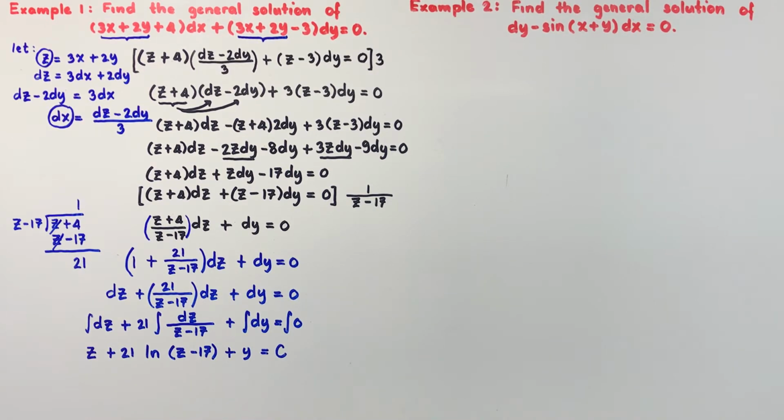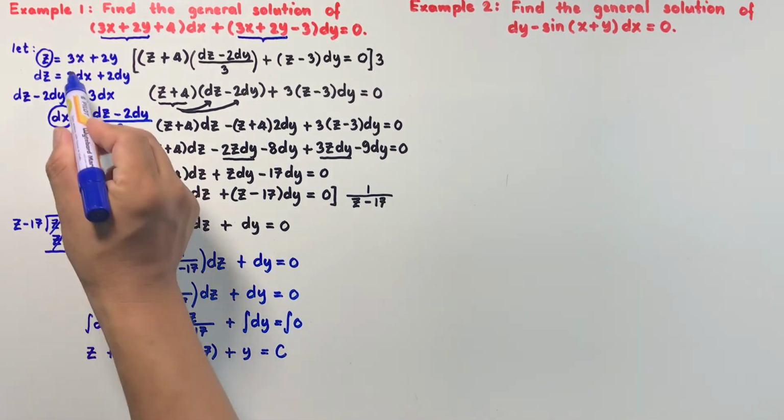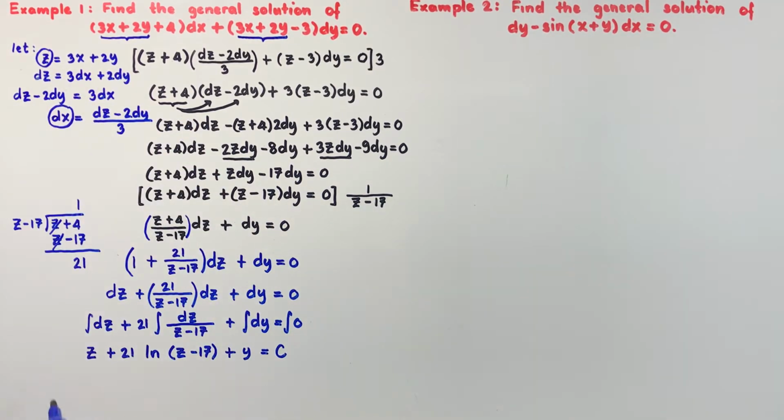So substituting back our original variables, our representations of z, which is 3x plus 2y. We have 3x plus 2y plus 21 times the natural log of our z, which is 3x plus 2y. That is the value of z, and we subtract 17 here plus y, which is equal to the constant of integration c.